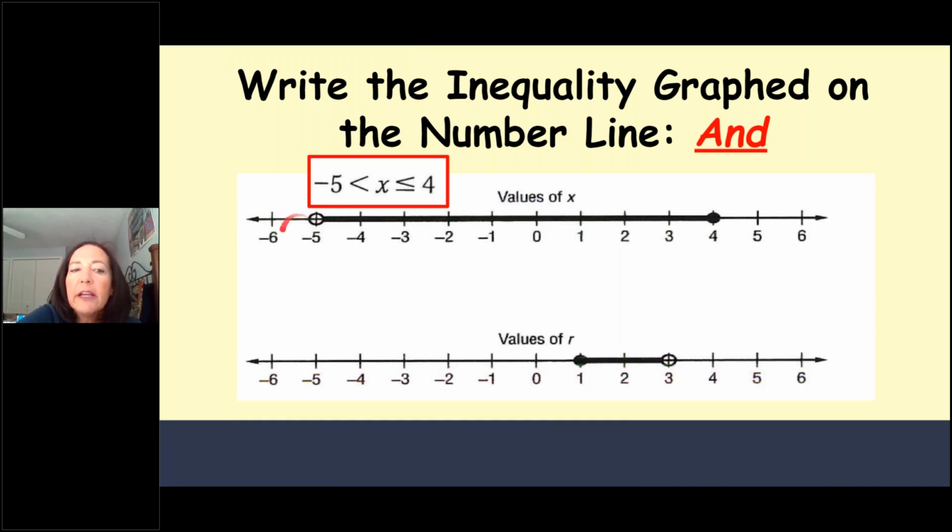So we've got our -5, and then it's the smallest thing. So x is in the middle here. This dark line, it's all bigger than -5, so I have to go to the right. The dark line are all values smaller than or equal to 4.